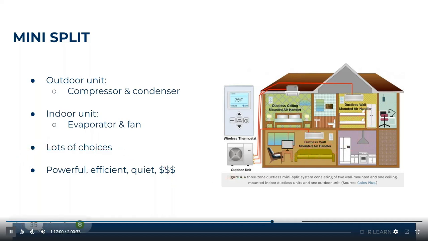Once again, your mini splits come in different flavors: your single and your multi-zone systems. It depends on your budget, and also how many rooms you're looking to heat and cool, because you may not want to heat and cool every room in your home. It may just be specific spaces.